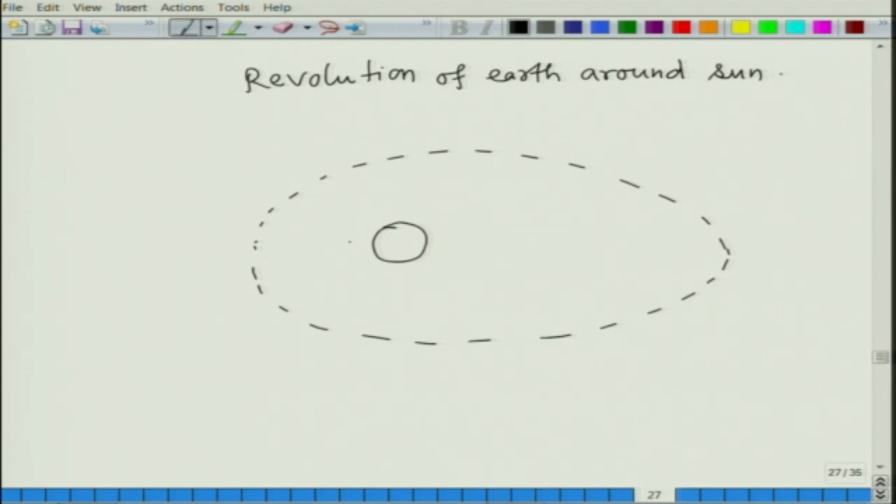The interesting part is that here the relative size of the sun and earth looks the same, but you know what the relative sizes are.